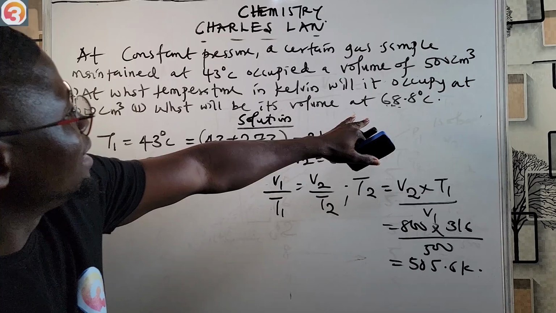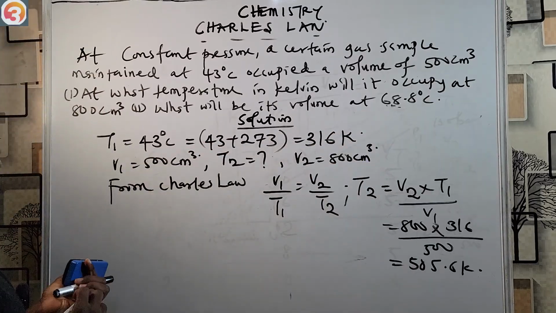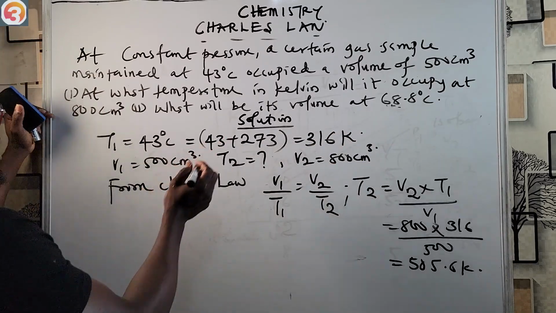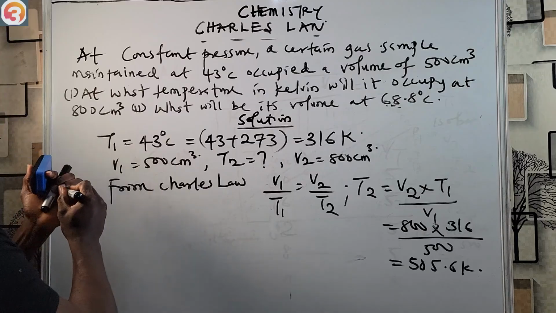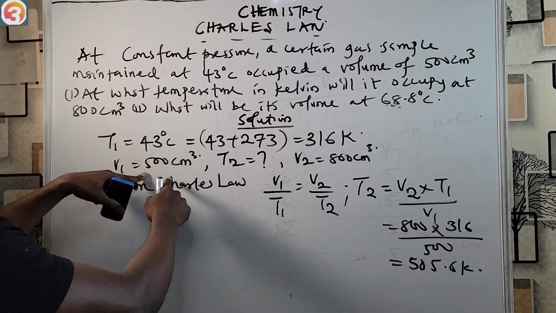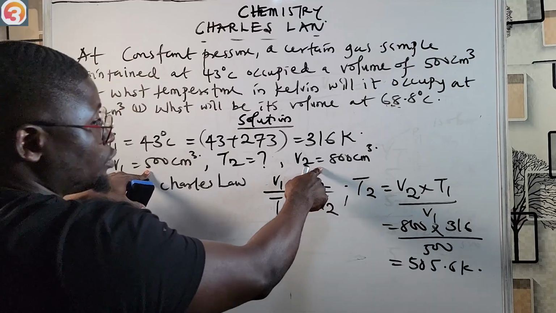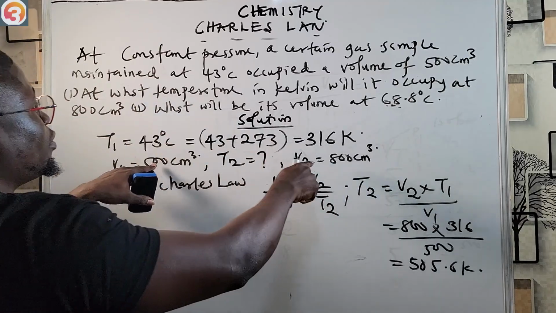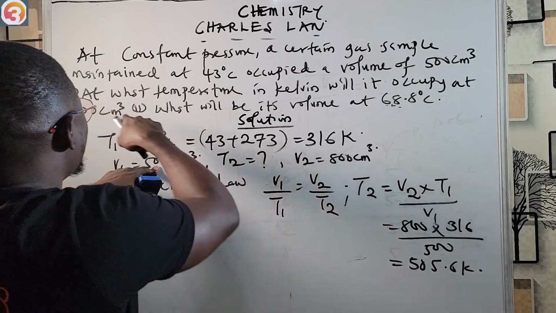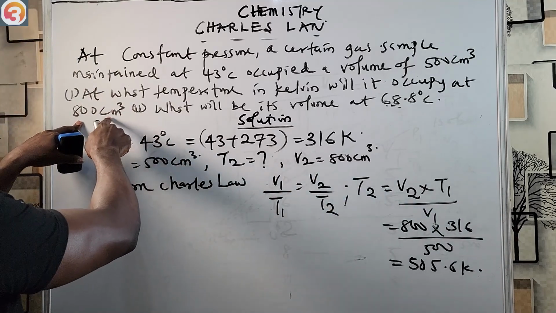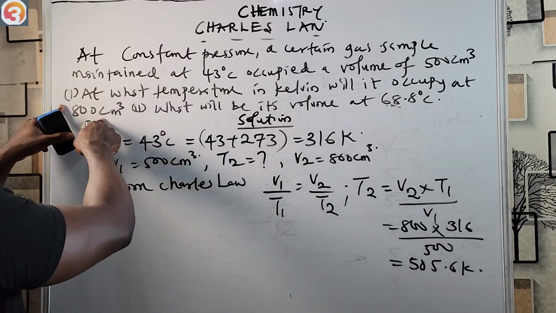We know V1, and we are not looking for T2 now, we are looking for V2. This 800 centimeter cube has been covered for this question.